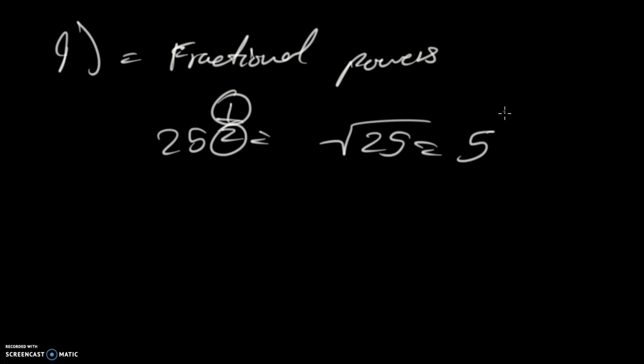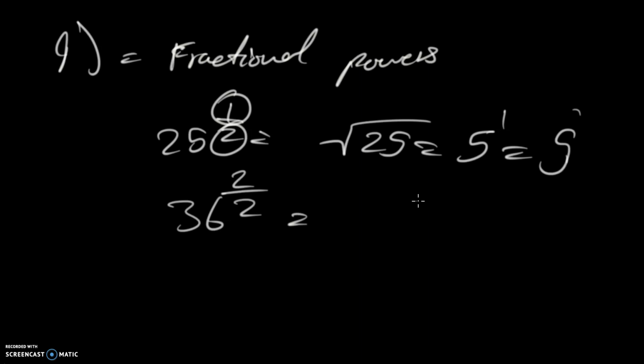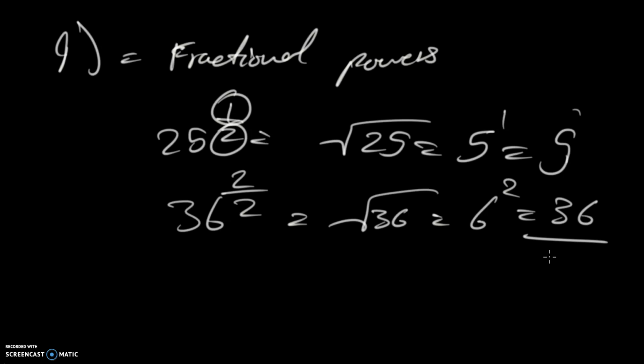In this case, we have 1, so this would be 5 to the power of 1, which is 5. Let's say we had 36 to the power of 2 over 2. We'd square root 36, we'd get 6, square 6, and we'd get 36 again, and that's it.